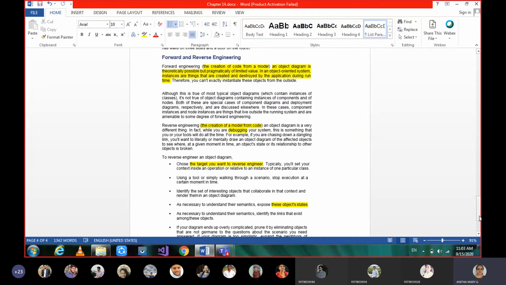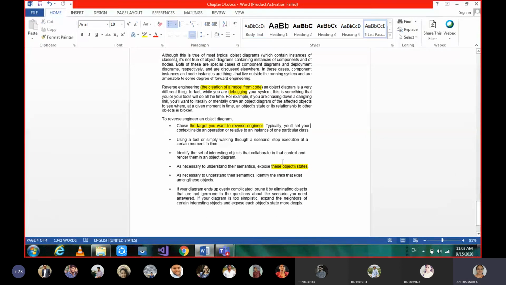In order to reverse engineer an object diagram, first we need to choose a target that we want to reverse engineer. Remember, reverse engineering means from code to model.